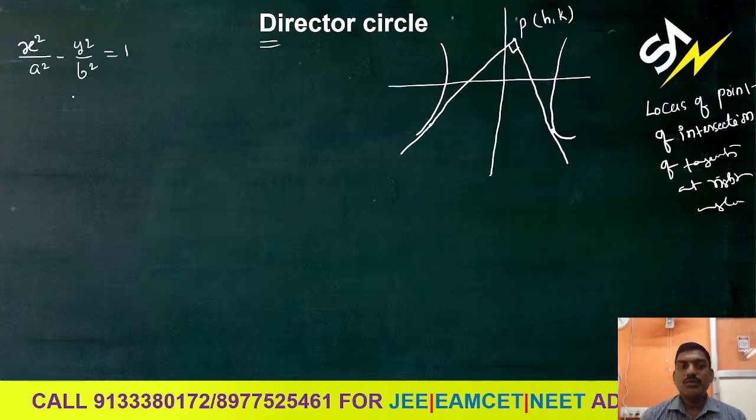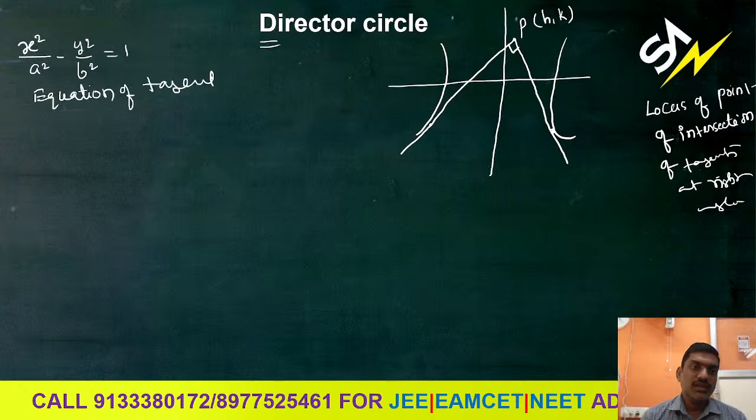As it is a hyperbola, we know the equation of the tangent. The equation of the tangent is y equals mx plus or minus under root of a square m square minus b square.